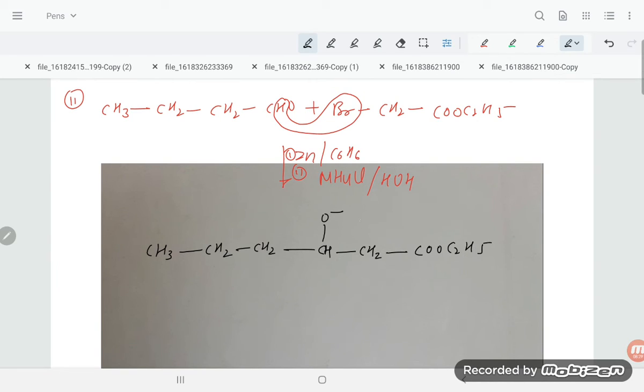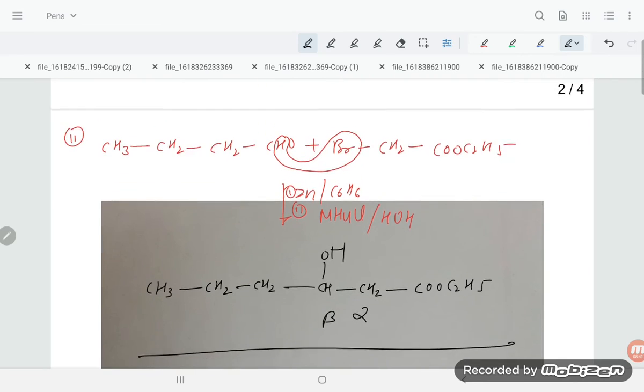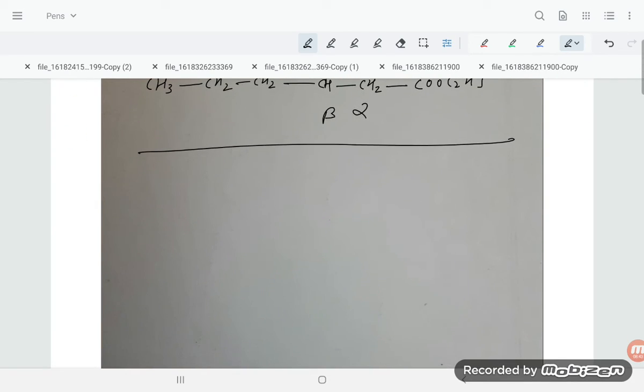It will absorb the proton from the water molecule, and it will be the beta-hydroxy ester, which is our required product. It can lose the water molecule and also give other products. So this was the second example. Like that we can do the reaction, students.